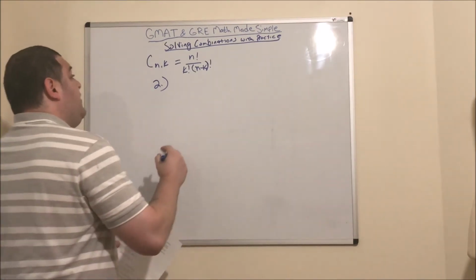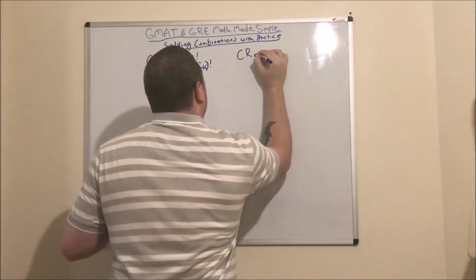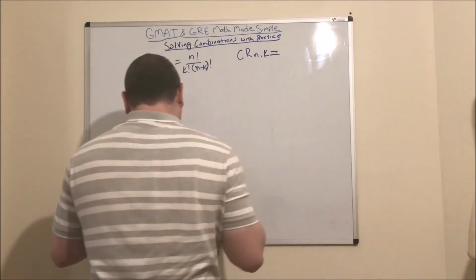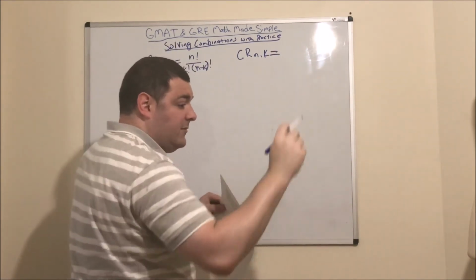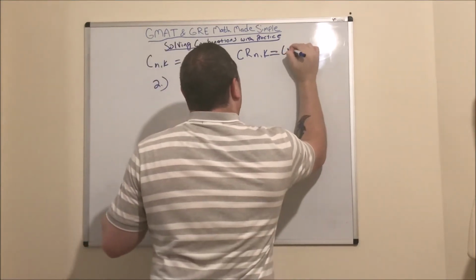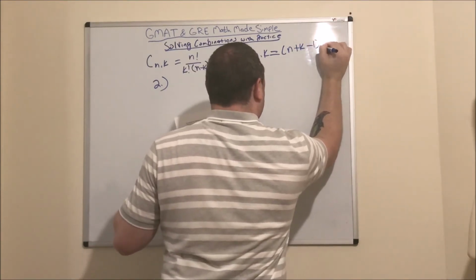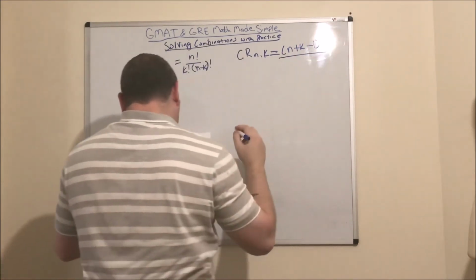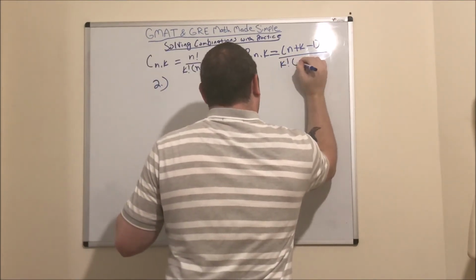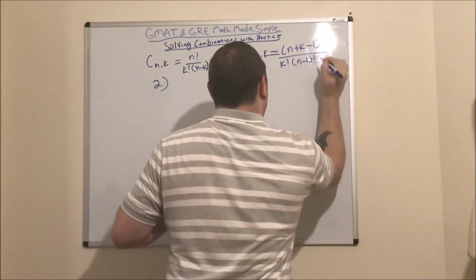So let's write down the other formula here. For the combination with repetition, you can either see it on the blog post or down below in the comments. We have N plus K minus 1 factorial divided by K factorial, and you multiply that by N minus 1 factorial.